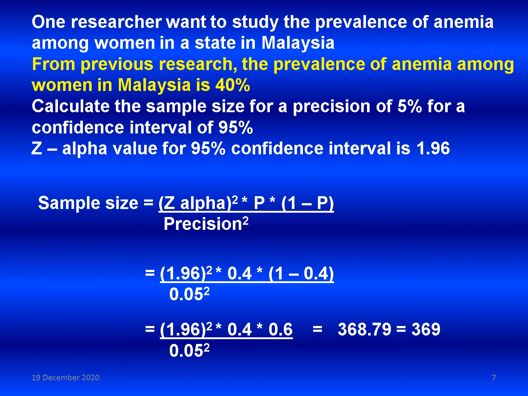That's the proportion of women not having anemia, divided by precision. Precision is 5%, so we convert it into 5 divided by 100, 0.05. So we can calculate the sample size as 368.79, which will be rounded to 369.